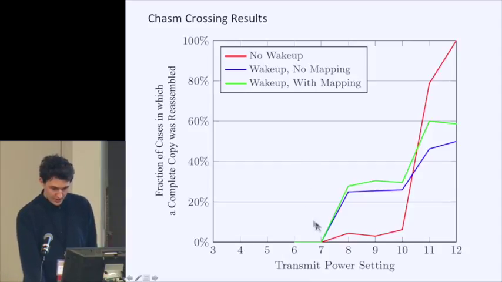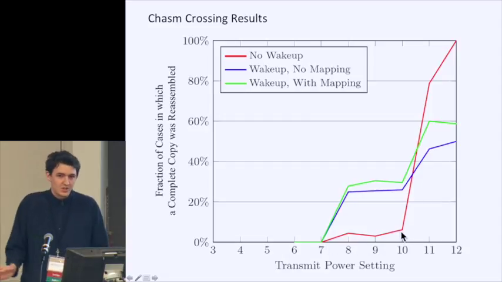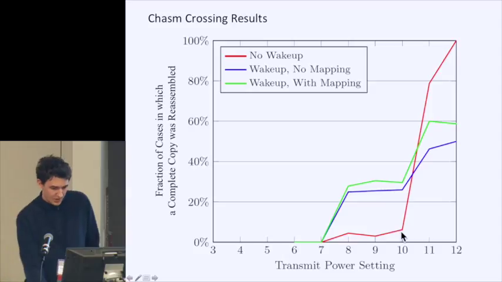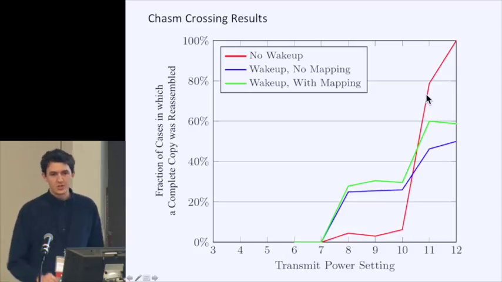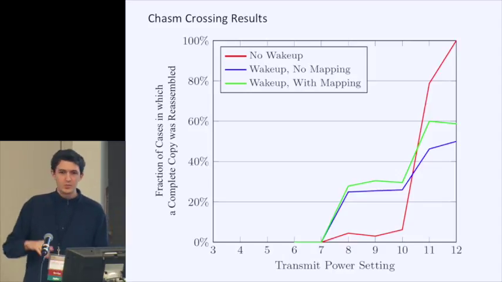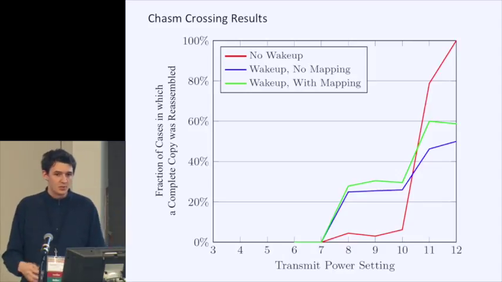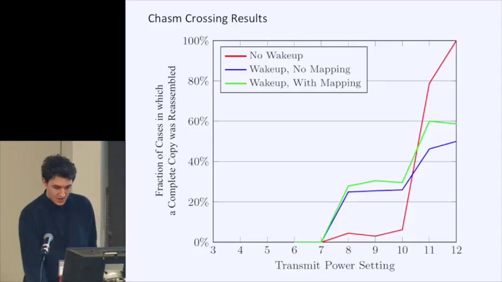So you can see without a wake-up call, this rises very slowly and is still very terrible. It's actually not really usable at all until this point here, where we reach 11 transmission power setting. And from there onwards, these links are stable and we will always receive the full packet at most of these receivers.